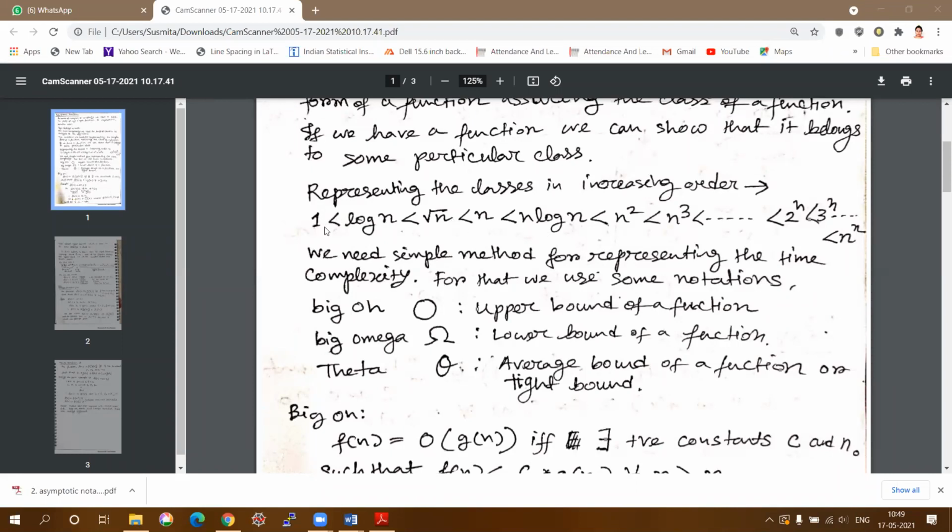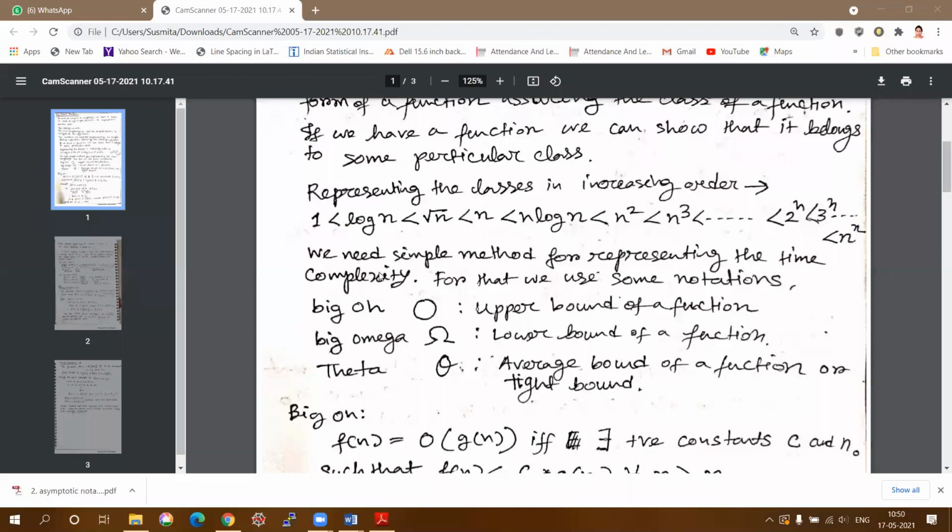The time complexity may be 1, maybe log of n, maybe root of n, maybe n log n, maybe n square, maybe n cube, or n to the power 4, n to the power 5, and so on, or maybe 2 to the power n, or 3 to the power n, or n to the power n, or maybe a multiple of any of these terms. So this many variations may occur to represent the time complexity or space complexity. In general, I am talking about complexity.